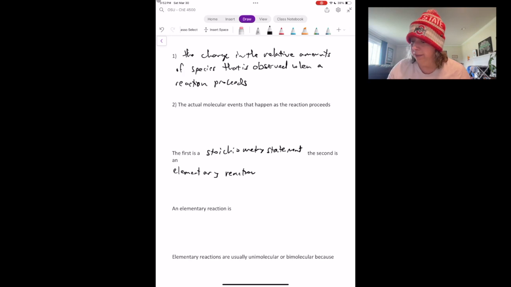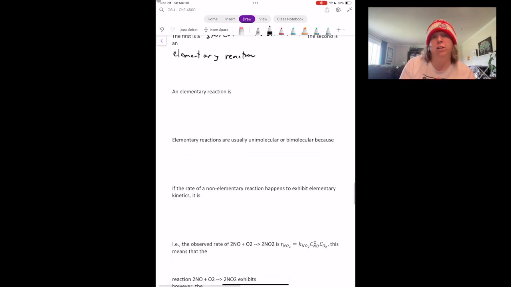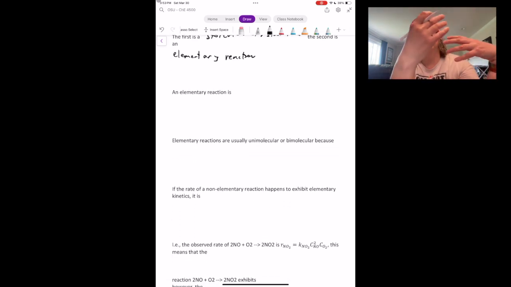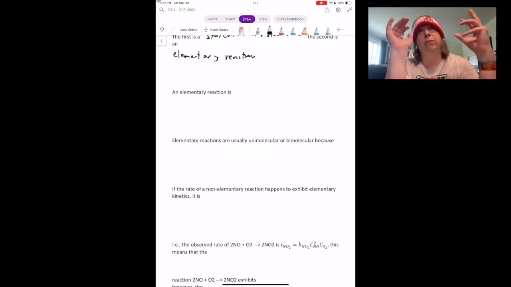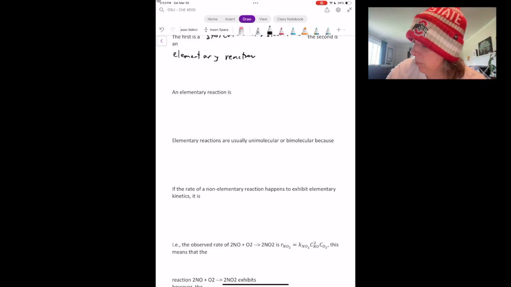So the true definition of an elementary reaction is a reaction that happens at the molecular level, and it can basically proceed from reactants to products without the need to form intermediate species.